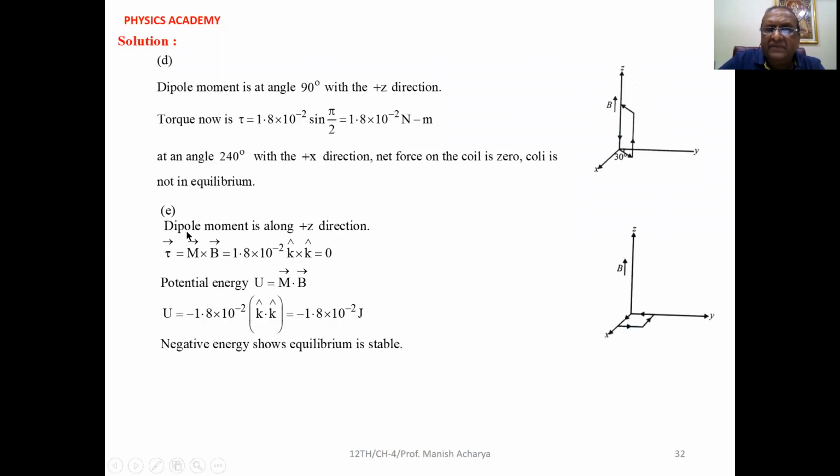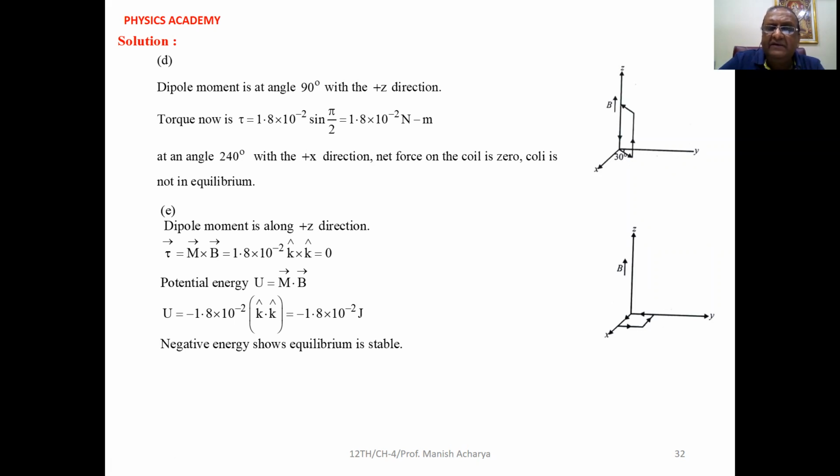Then E. So see here, coil is in XY plane. So when coil itself is in XY plane, it implies that the magnetic moment will be along Z axis. If B and magnetic moment both are in the same direction, then theta is 0, sine 0 is 0, torque will be 0.